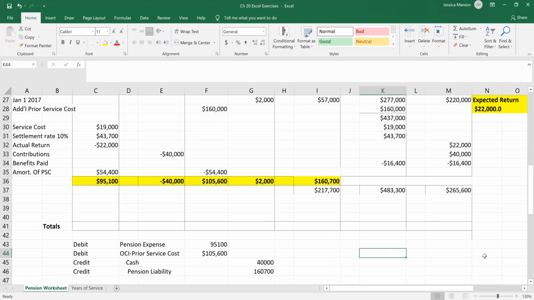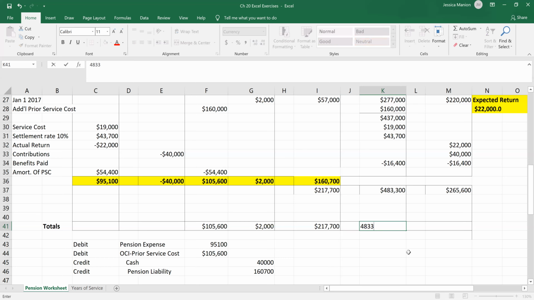Okay, so our balances that are transferring down, we're still going to have this 105,600 in other comprehensive income from the prior service cost. We're still going to have this 2,000 from the loss. Now we're going to have 217,700 from the pension liability.